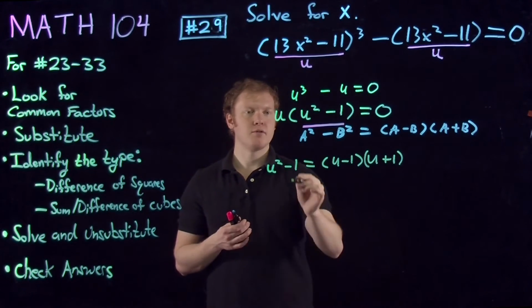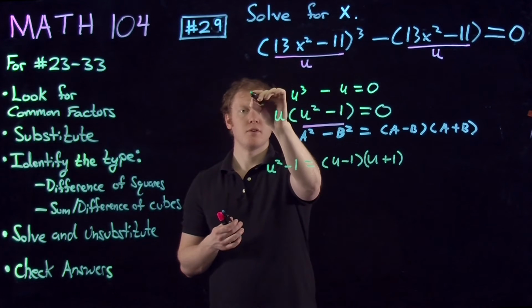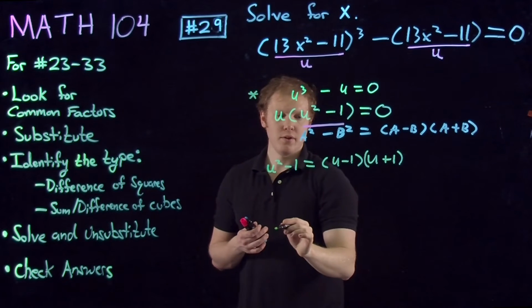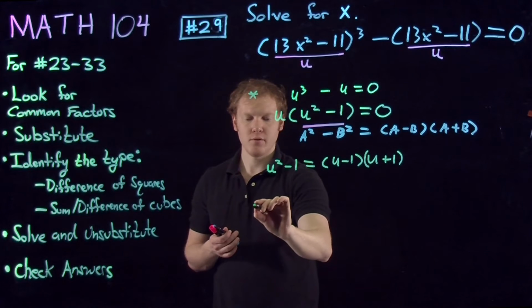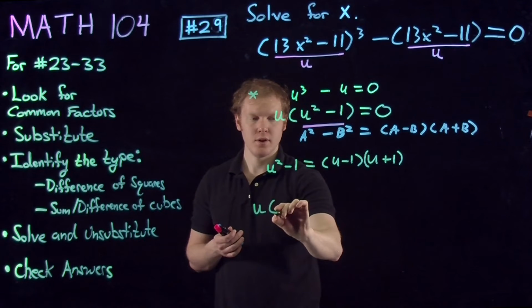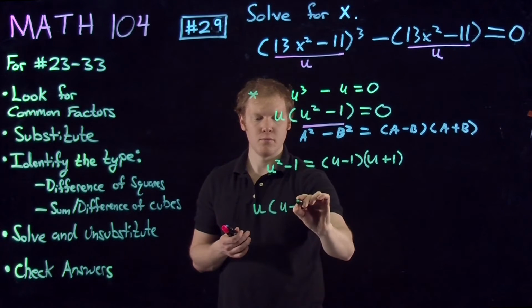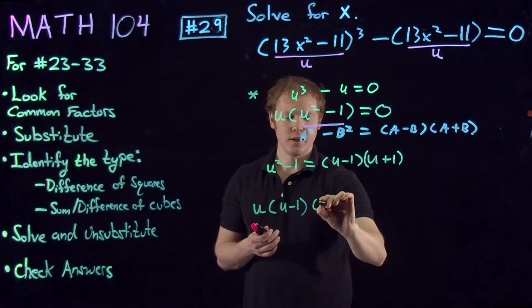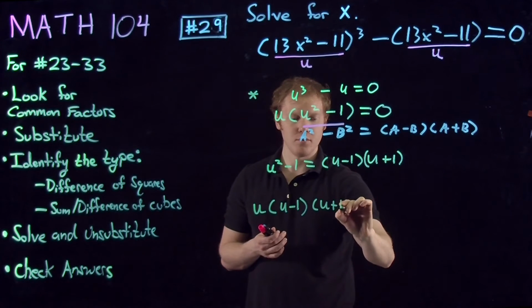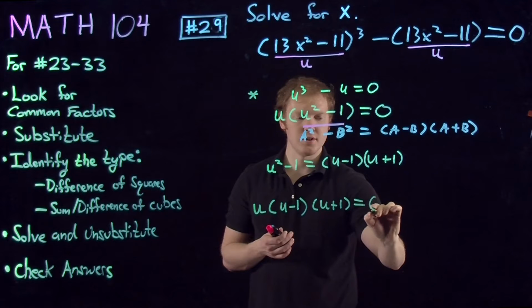And putting that together for our expression, we get u times u minus 1 times u plus 1 equals 0.